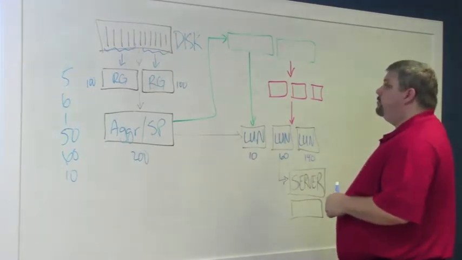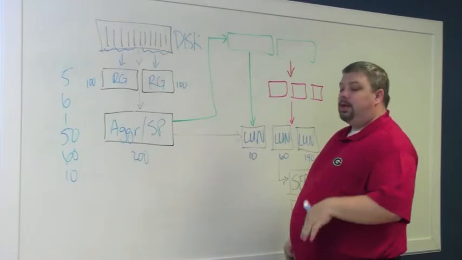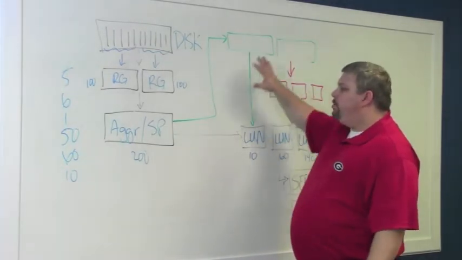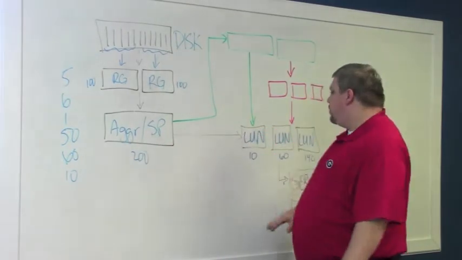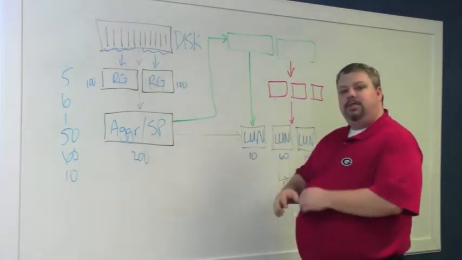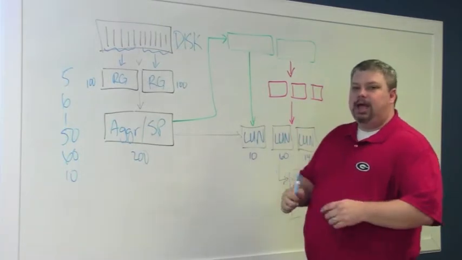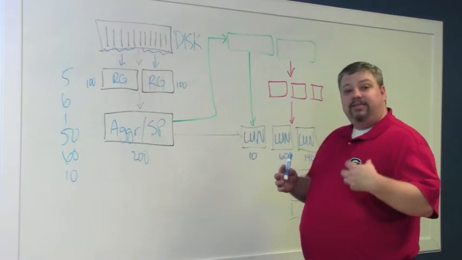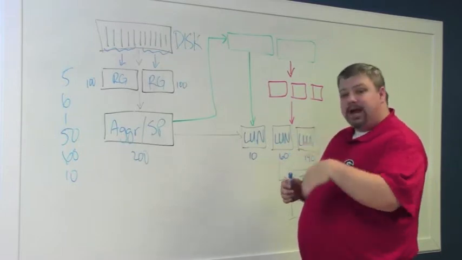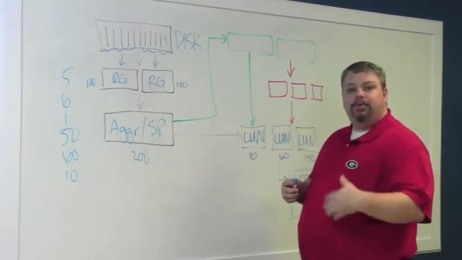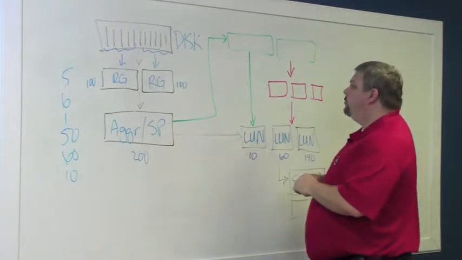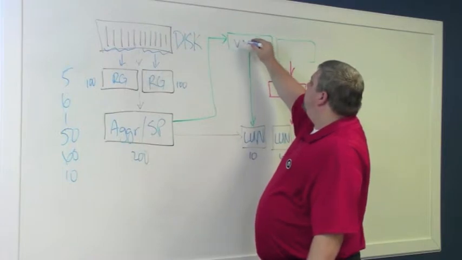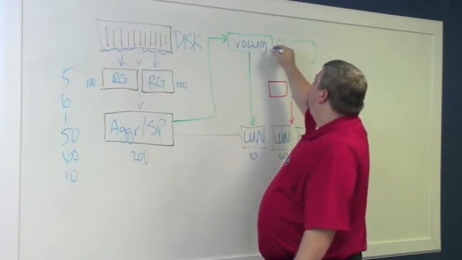Now, some vendors, like NetApp and EqualLogic, for example, have other components in the middle between storage processor and LUN. Those divisions are designed to help with things like snapshots and other management, backup and recovery functions of a storage array that we'll talk about later. So they introduced something called a volume.